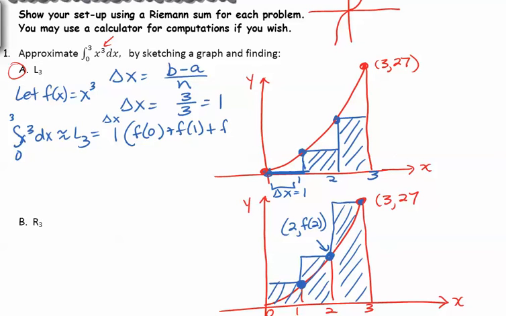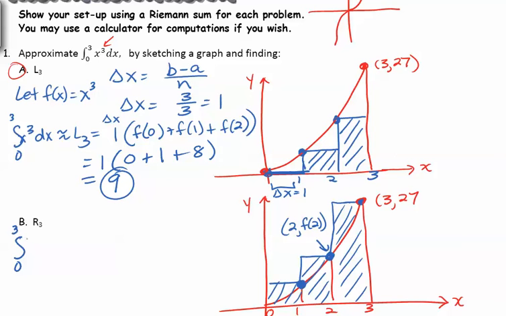And our third rectangle has a height at 2. All right, so we don't need a calculator for this problem. We can cube these small numbers, 0 cubed, 1 cubed, and 2 cubed. So we come up with an area of 9 as the approximate value for the integral.